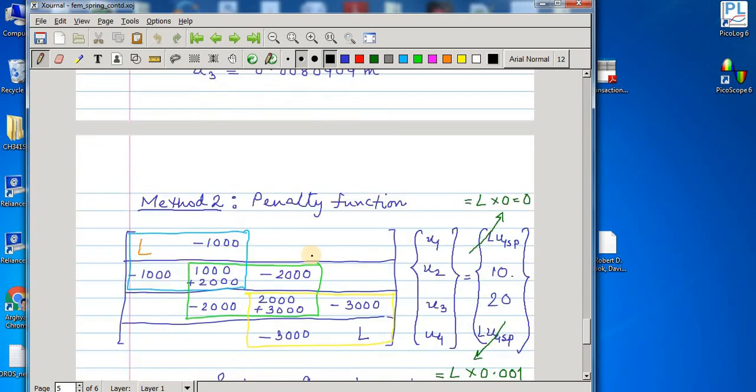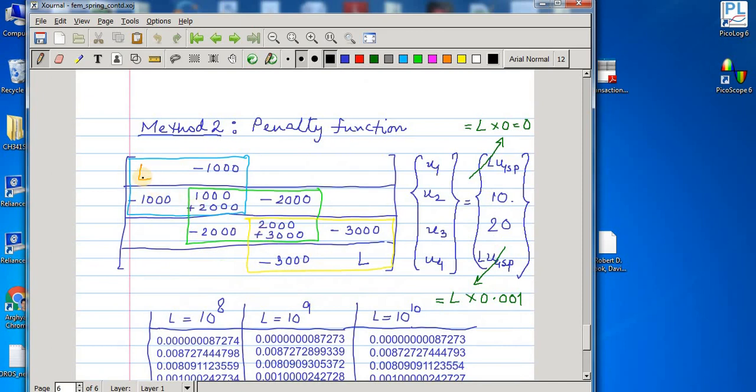And in method 2, that is the penalty function method, you put L here, large number, you put L here, keep this as it is. Here you put L into 0, so 0, and here you put L into 0.001.